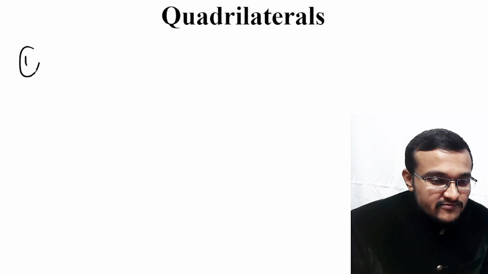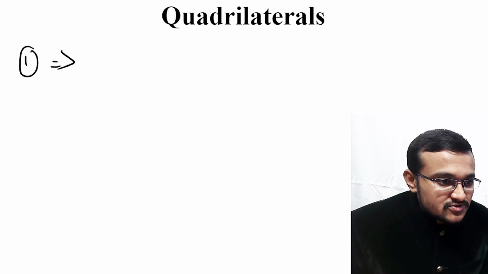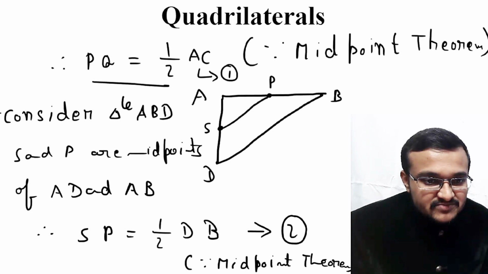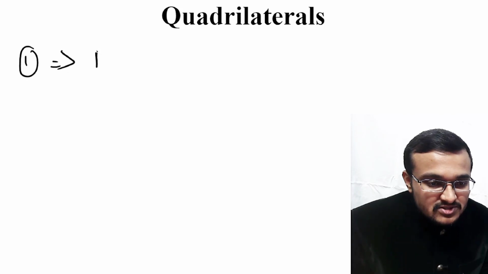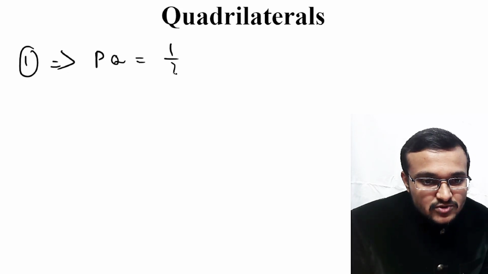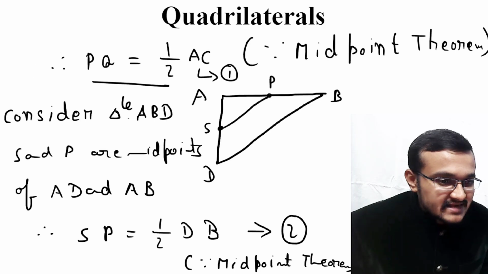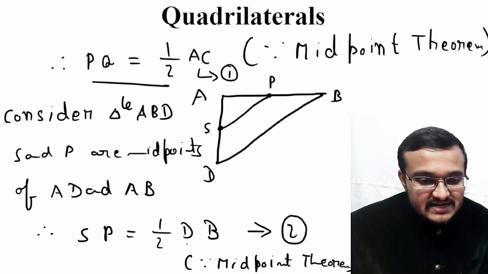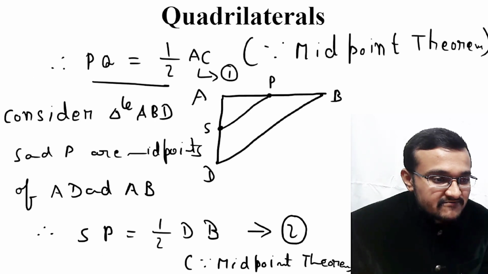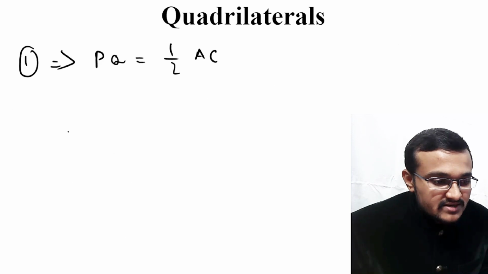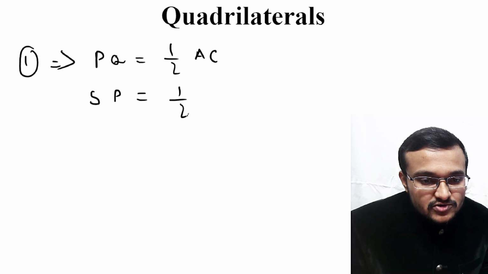So now we will write all 4 equations together. So here we had first equation as PQ is equal to half AC, and we have second equation. So in second equation we have SP is equal to half DB.